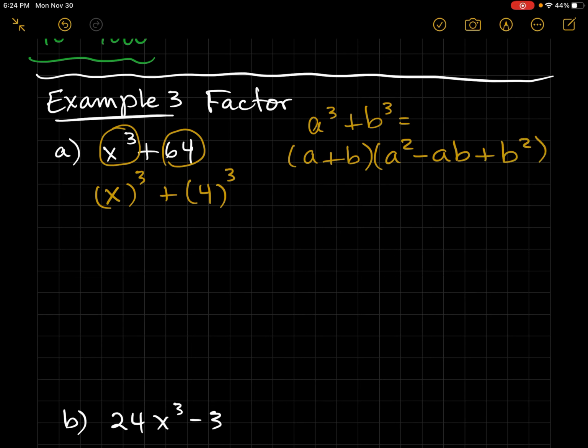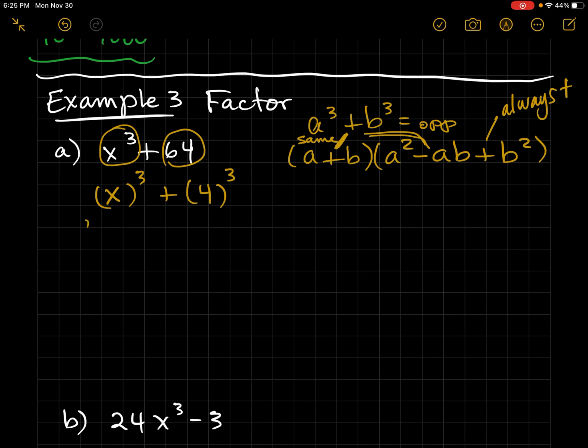And what you'll notice about this formula is that this first little piece will always have the same sign, but that next sign is the opposite, and the last sign is always positive. Always positive on the B squared. So this one has the same sign and opposite sign.